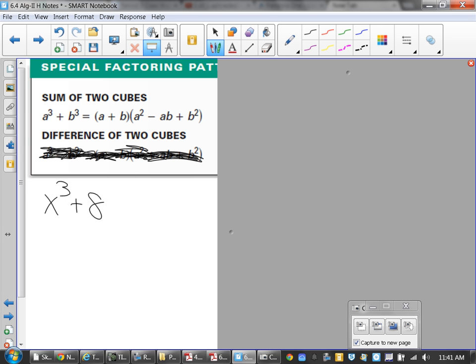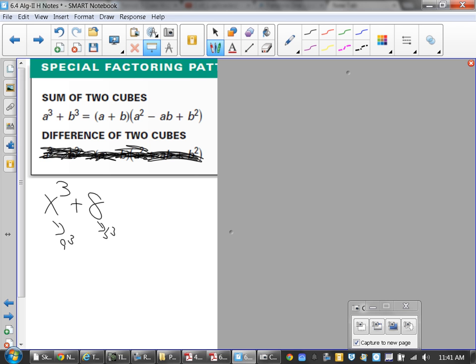Now, when you're looking at this, is x cubed a perfect cube? Yes. Is 8 a perfect cube? Yes. Once you go through those two things, your x cubed is playing the role of a cubed, and 8 is playing the role of b cubed. So therefore, what's a and b? A is x, and b is 2, okay?